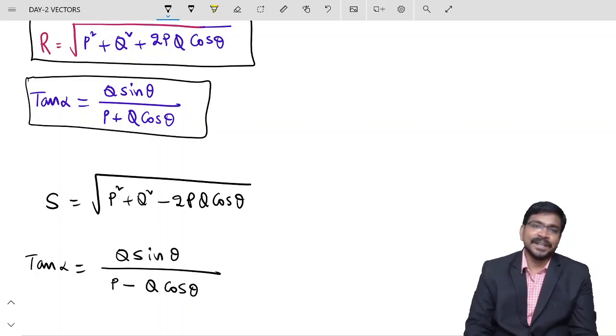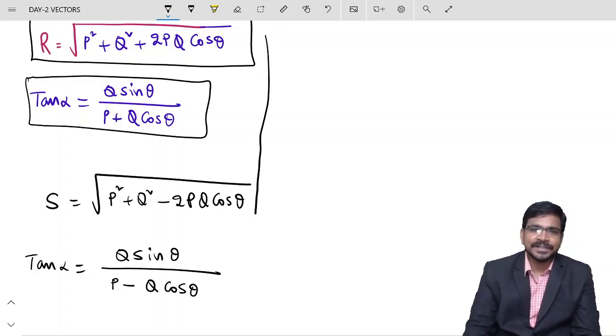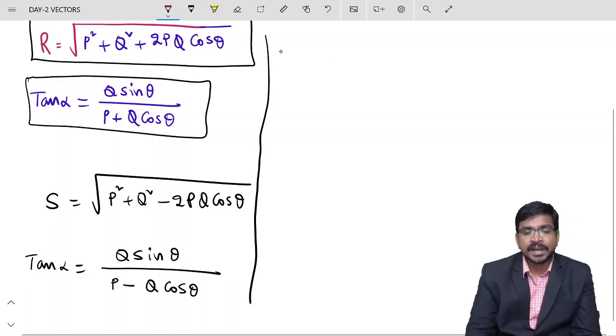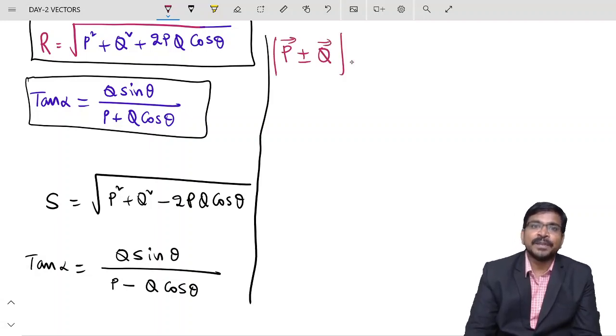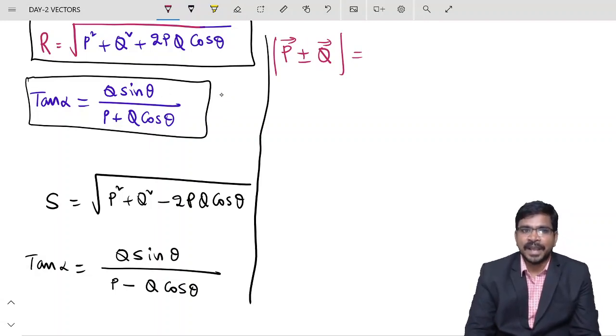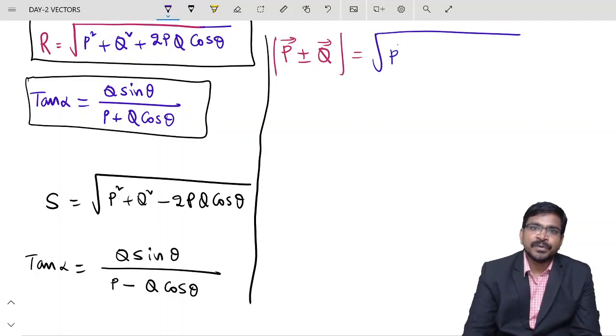And generally we can write a general formula for addition or subtraction of two vectors. P plus or minus Q, magnitude can be written as square root of P square plus Q square plus or minus 2PQ cos theta, right?